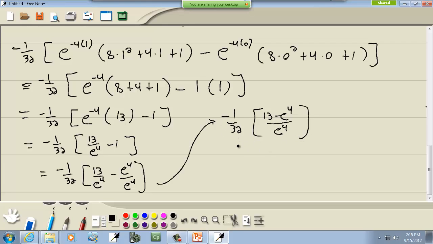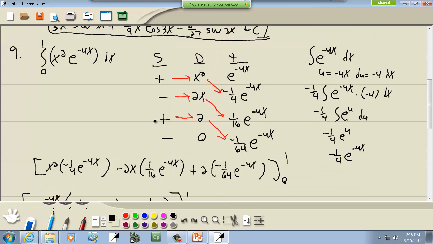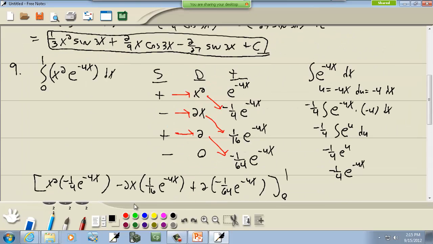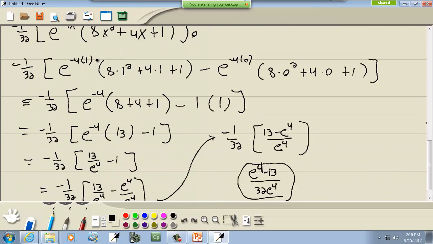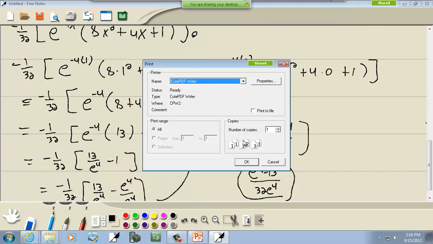And if I were to multiply these together, that negative 1 flips the sign of both of these, so this would be e to the 4th minus 13 over 32 e to the 4th. Those are 4s. I know they don't appear so well. And assuming I didn't make a basic math error, I feel pretty good about the calculus part up here, but assuming I didn't add or subtract numbers wrong, multiply, then that'd be our answer.